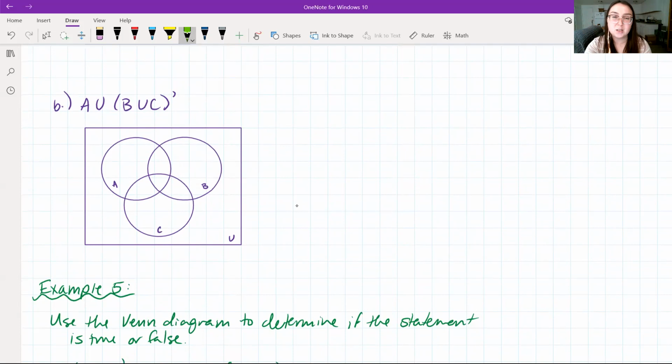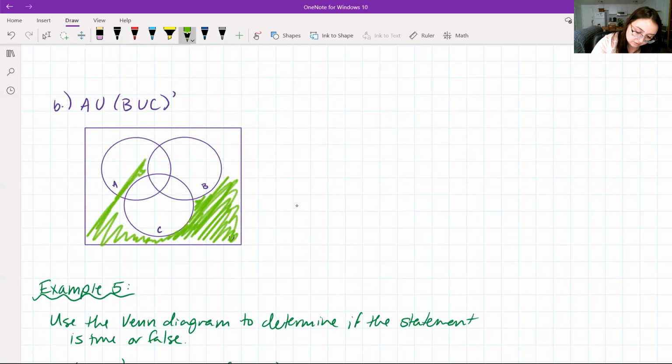So if we say B union C, it's going to be all of our values in B and all our values in C. But we want the complement, so what we have to do is color in everything not in B and C. So we see here, we start filling in all around. We do color in A, since it's not B or C.